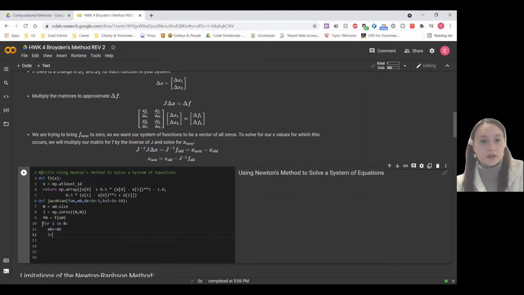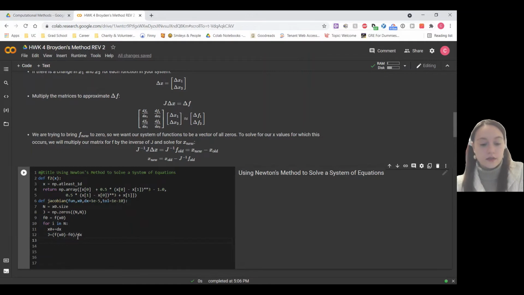So then we can calculate the Jacobian as our new function at our updated x value minus our original, divided by dx, and then we can put x0 back to what it was before. So we're updating x, calculating the Jacobian, and then resetting our x guess value.